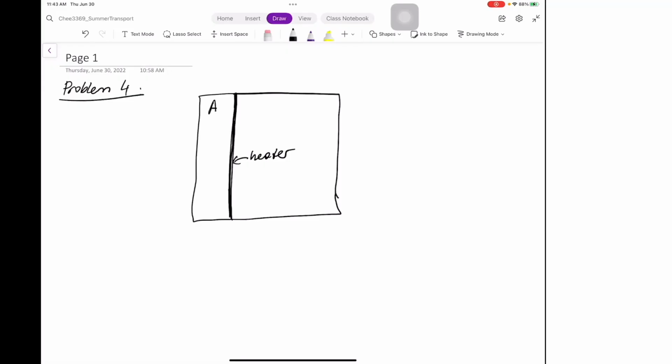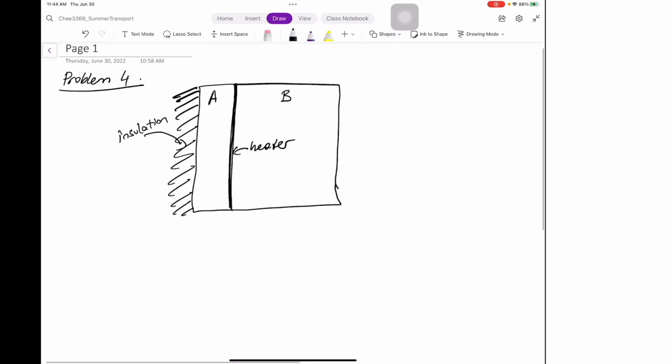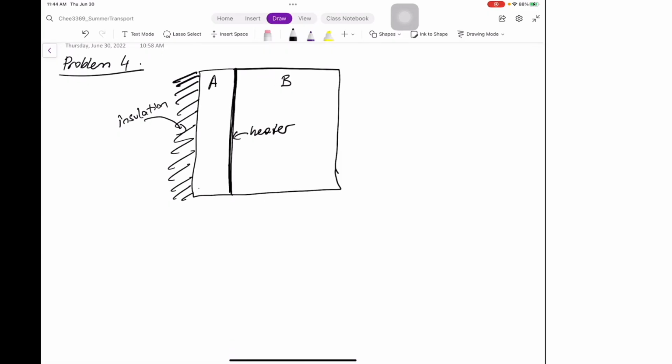This is my material A, material B, and this is my famous insulation. Thermal conductivity of materials A and B are given. So Ka is 2 in SI units, and Kb is given as 5 in SI units.